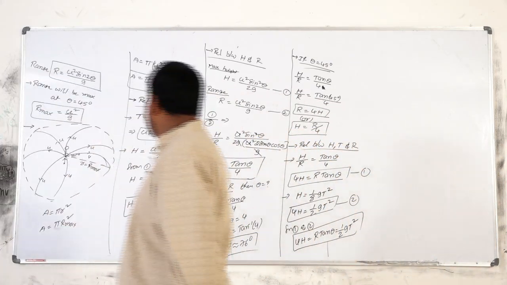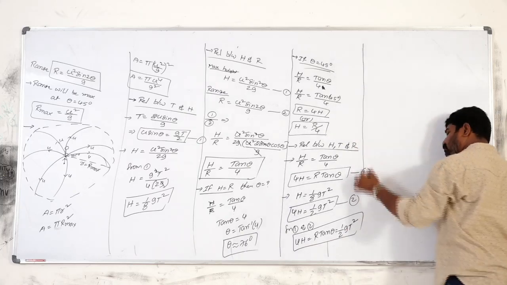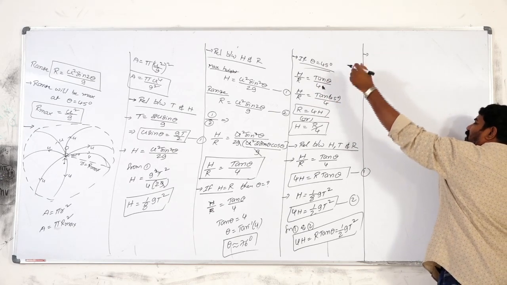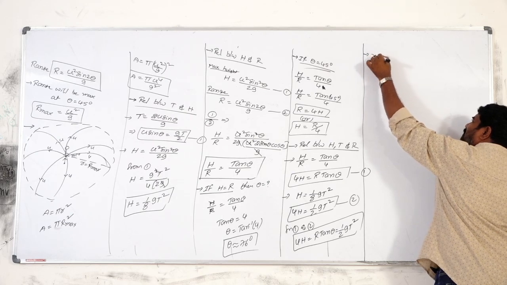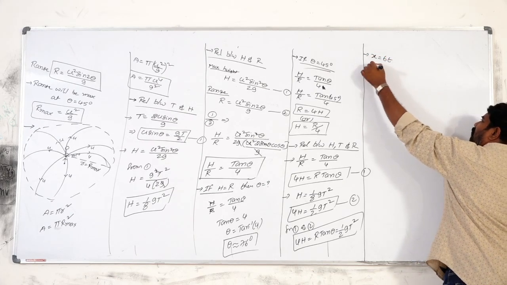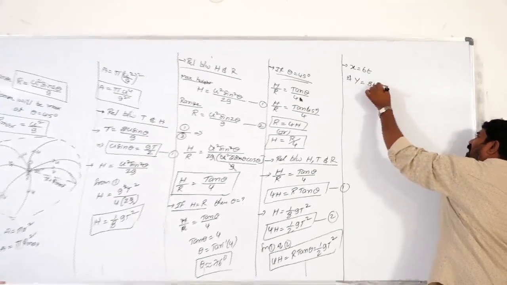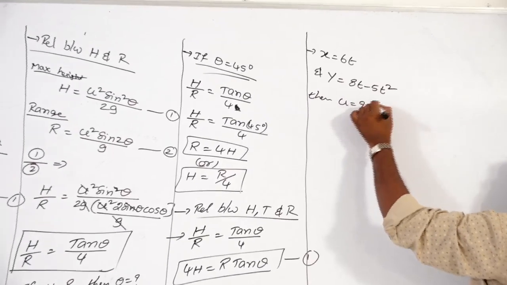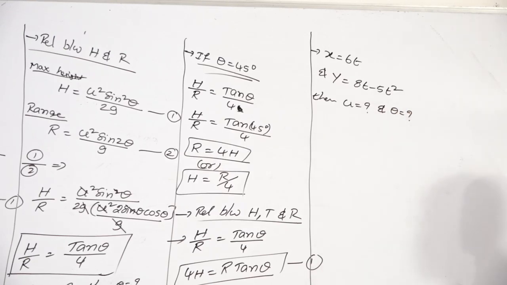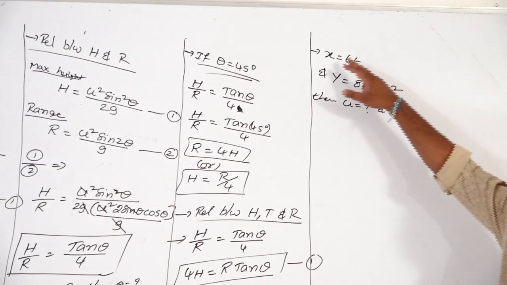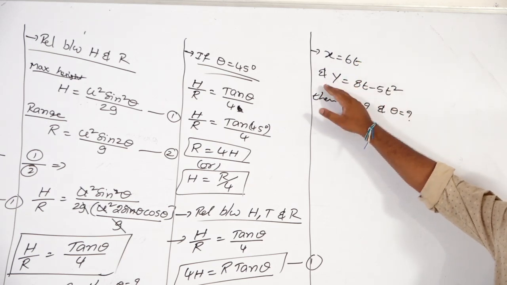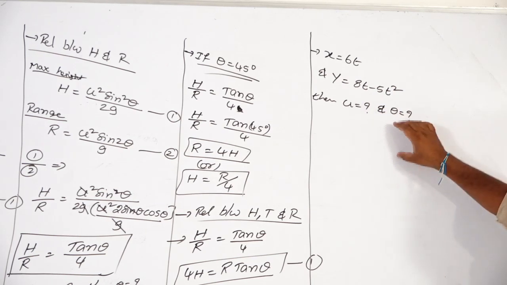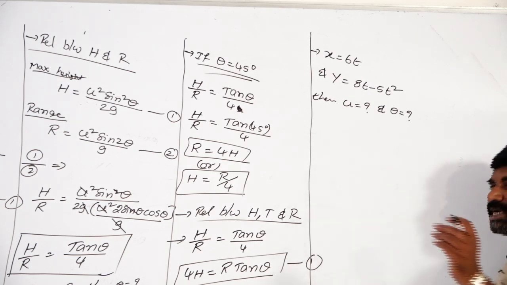For example, if a body is projected such that it travels the horizontal distance x is equal to 60 after t seconds, and vertical distance y is equal to 8t minus 5t square, then find what is the velocity of projection and what is the angle of projection. Just we go for the comparison.